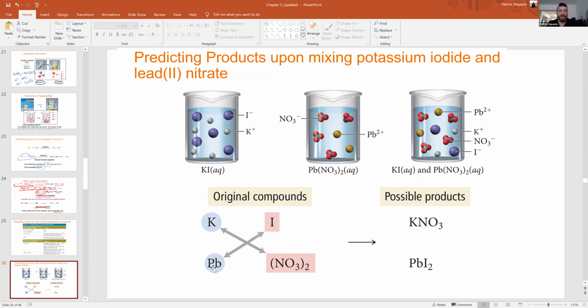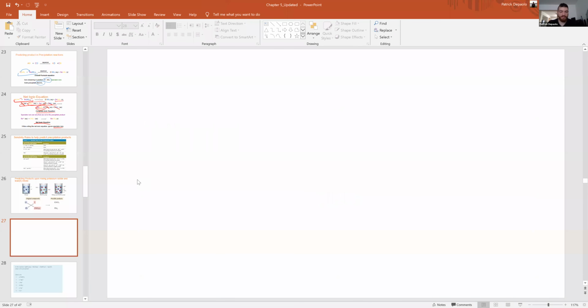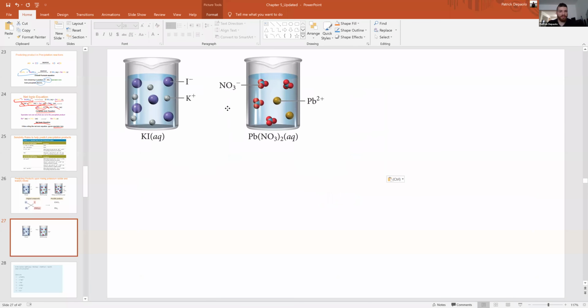Here are the original compounds, KI and Pb(NO3)2. What would happen is in the reaction they switch and create these possible products. We're going to do this one on a separate sheet, just so you can get the idea of the whole process. All right, so here's our reaction.